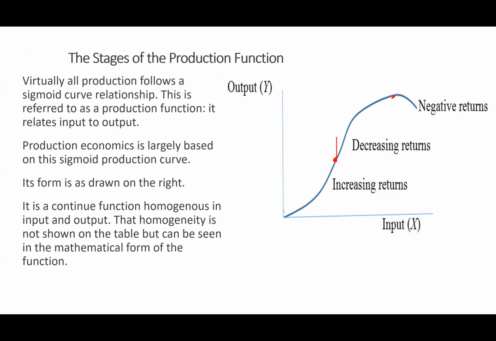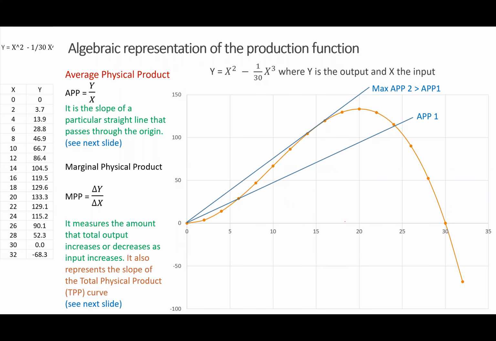Virtually all production functions follow this type of curve. Of course, this is the relation between input and output. As discussed earlier too, the function is homogeneous.